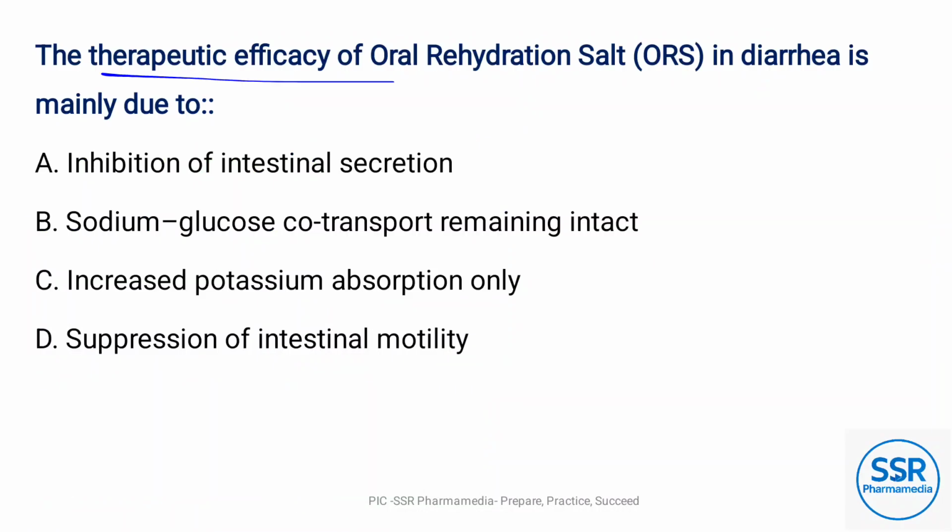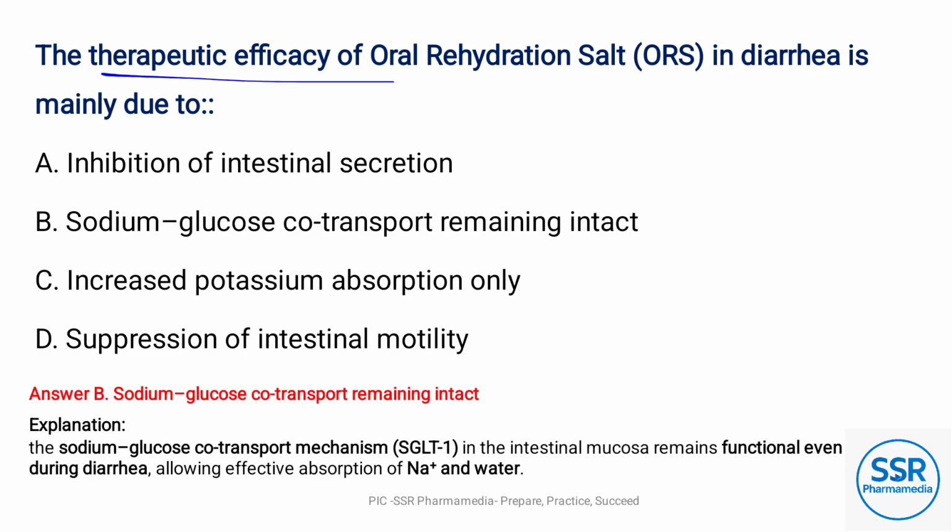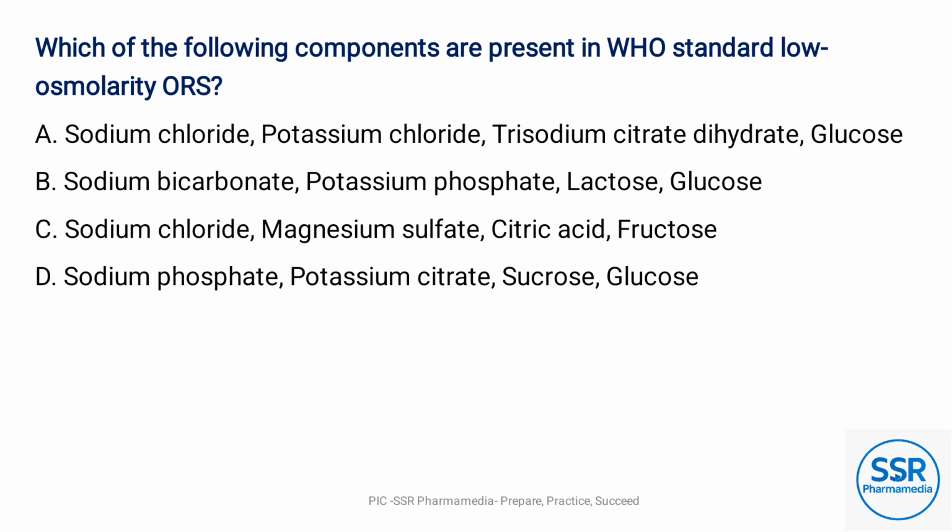The therapeutic efficacy of oral rehydration salt in diarrhea is mainly due to, option B, sodium-glucose co-transport remaining intact. Which of the following components are present in WHO standard low osmolality ORS?